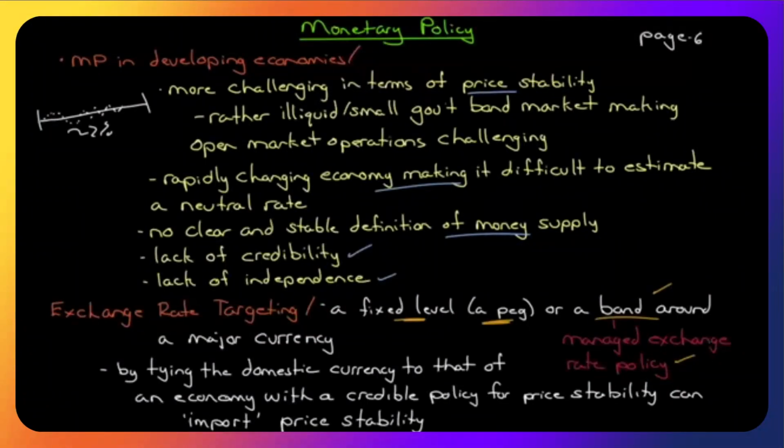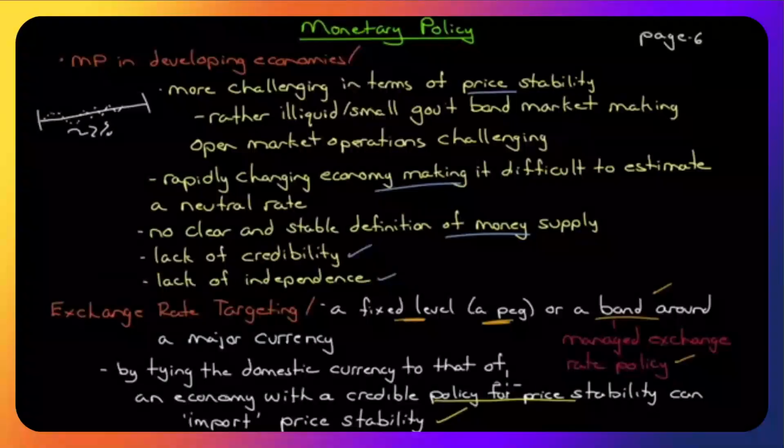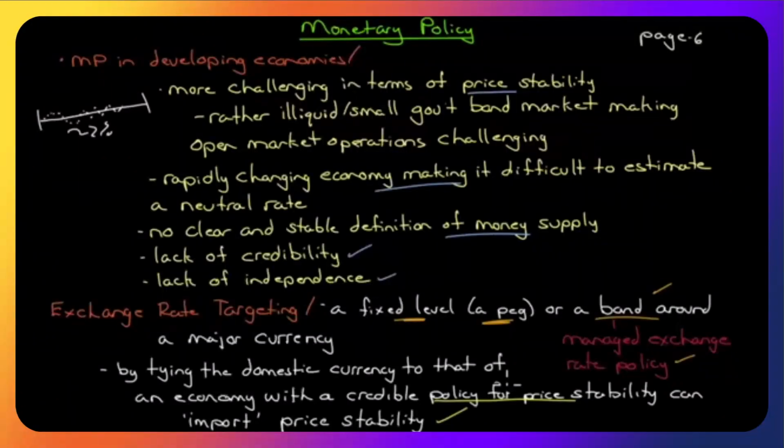And the motivation here is by tying a country's domestic currency to that of an economy with a credible policy for price stability, you can import that price stability. So we know that a developed economy will affect its exchange rate by changes in its target interest rate.